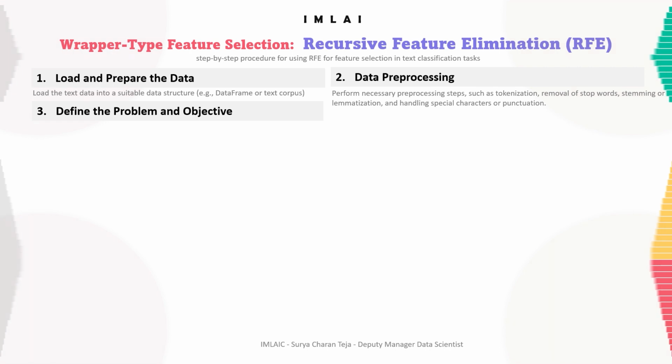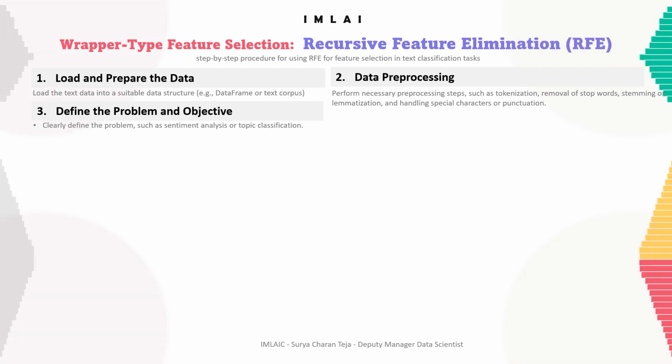Clearly, let's define the problem such as sentiment analysis or topic classification. Here it is sentiment analysis. Then let's set the objective as identifying the most informative words or n-grams for accurate classification. The main objective here is identifying the most informative words or n-grams for accurate classification.